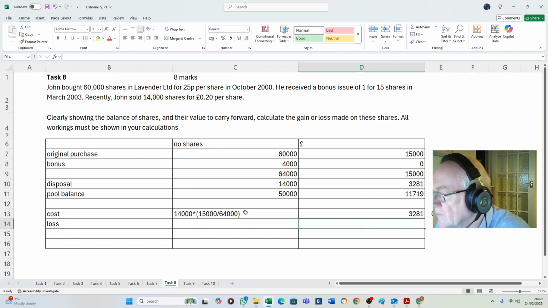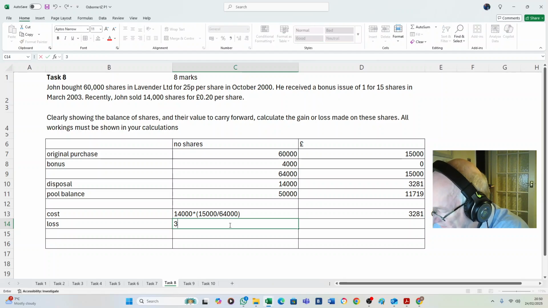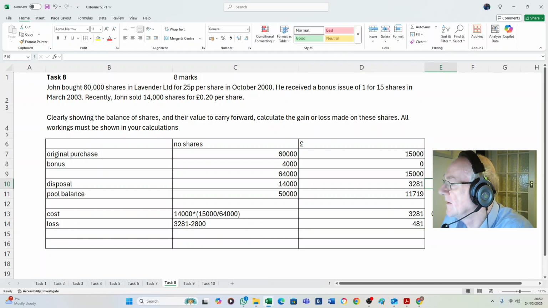And then it will be, what did they get for it? 3281 minus 20p a share, 2,800, so 481 a loss. And that's enough information to earn all 8 marks.